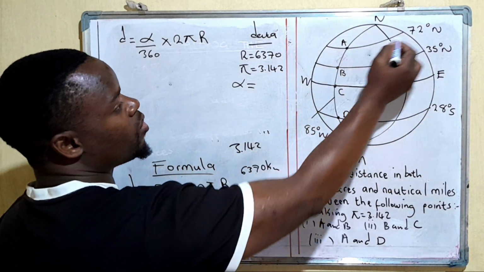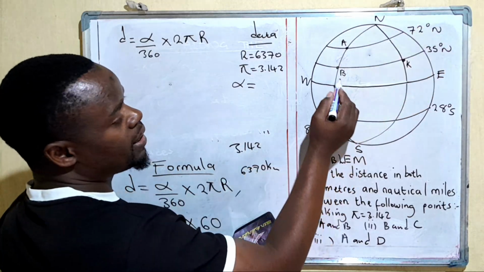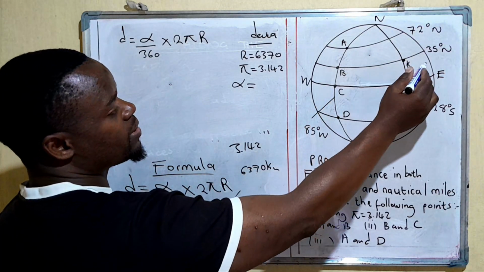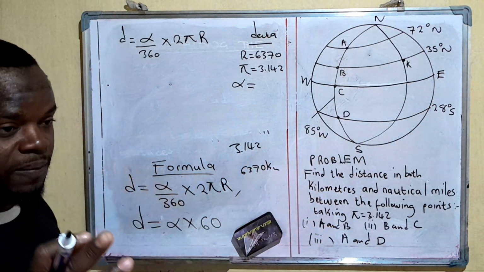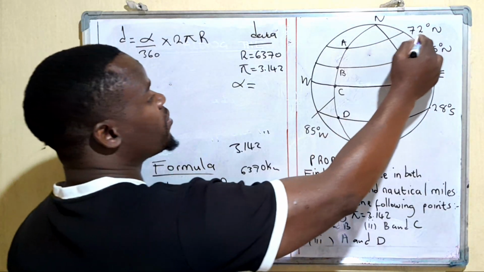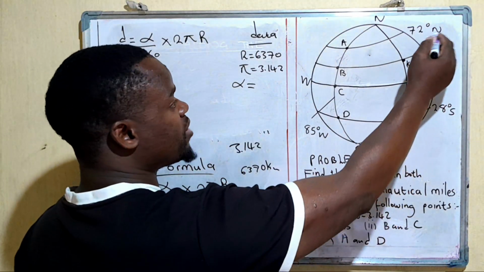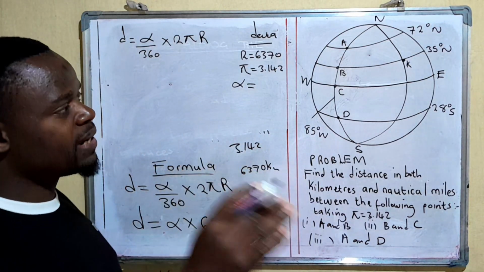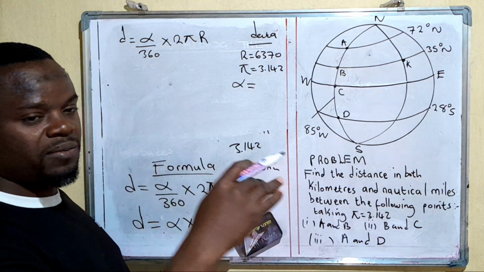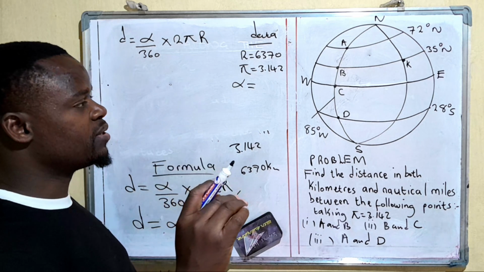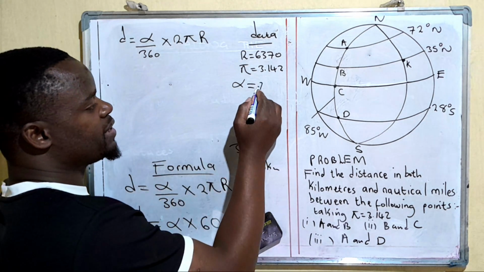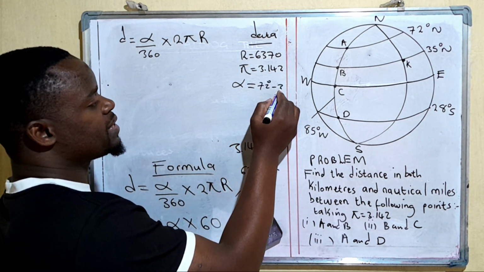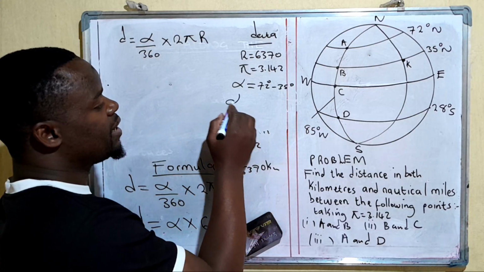We have A on 72 degrees north, then B is sitting on 35 degrees north. Take note of the units. Both of them are in the northern hemisphere, hence the units N. When two latitudes are in the same hemisphere, to find their difference, you subtract them. So that will be 72 degrees minus 35 degrees.